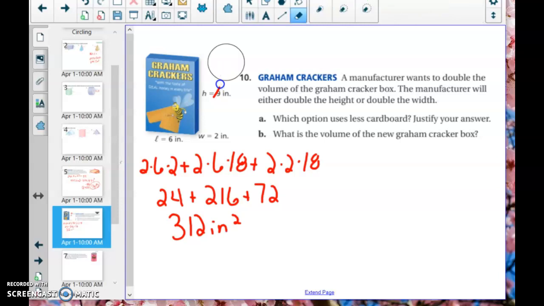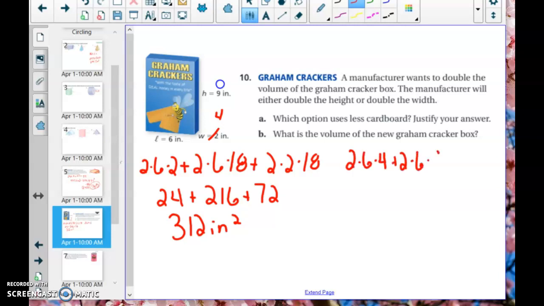Well, then my other option is to double the width, which means that this would become 4. So then the surface area would be 2 times 6 times 4 plus 2 times 6 times 9 plus 2 times 4 times 9. Well, 2 times 6 times 4 is 48. 2 times 6 times 9 is 108.